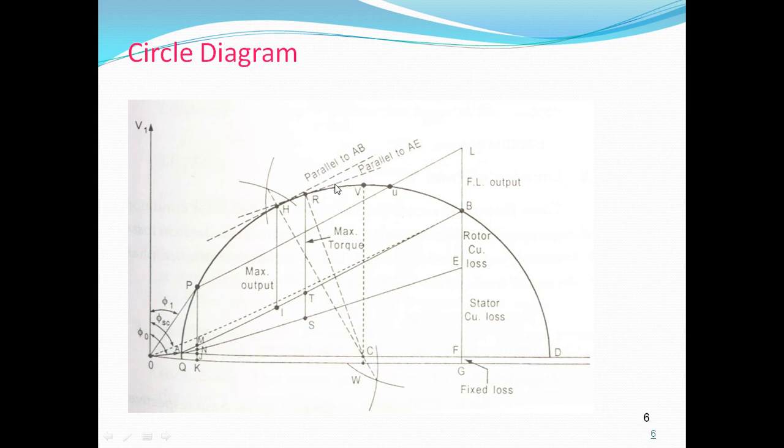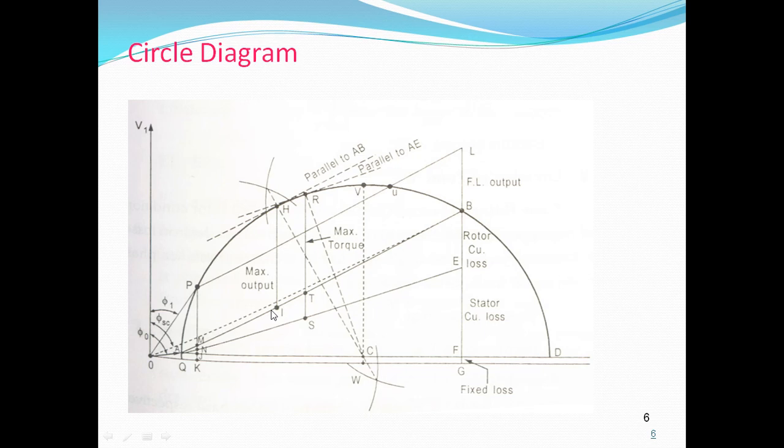Then the vertical distance RS, between the tangent line and the torque line, that is the tangent line is this one, torque line is AE, represents the maximum torque. The maximum torque is also known as starting or pull out torque.